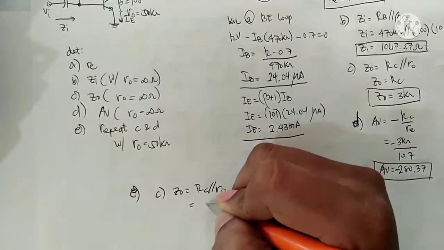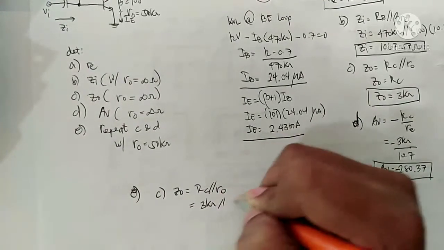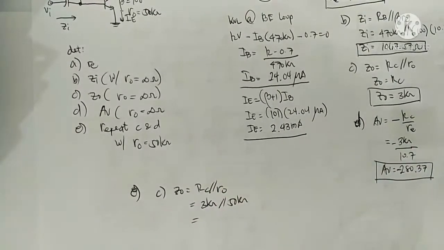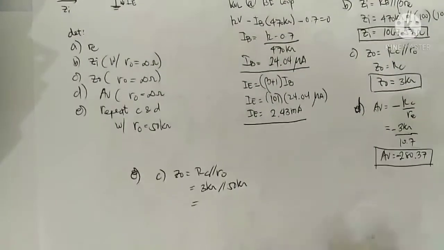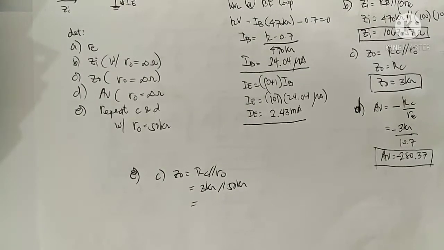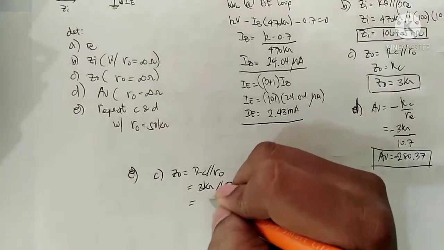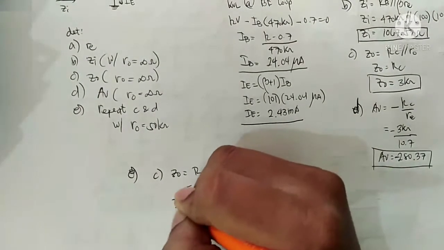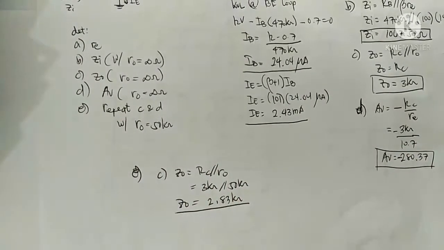So this is 3K parallel with 50K, which is 2.83 kilo ohms.